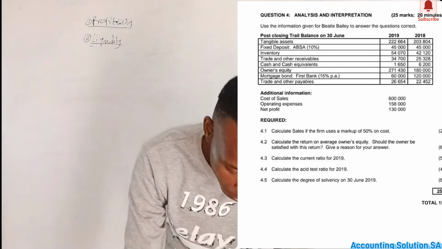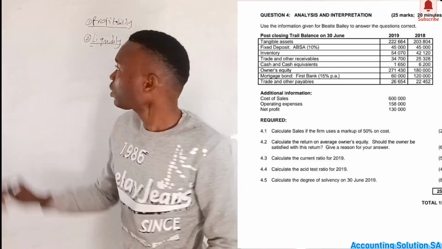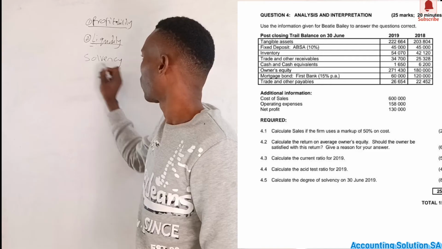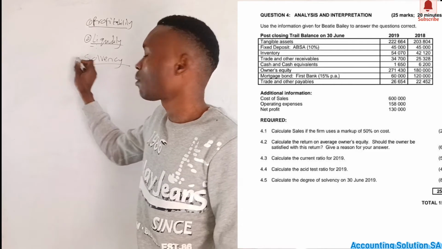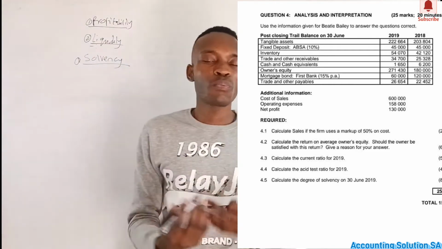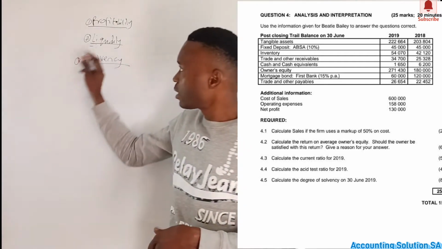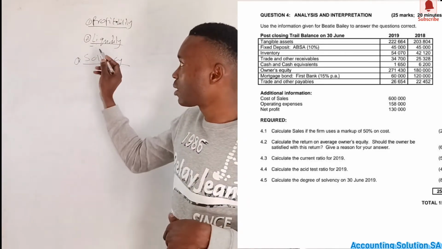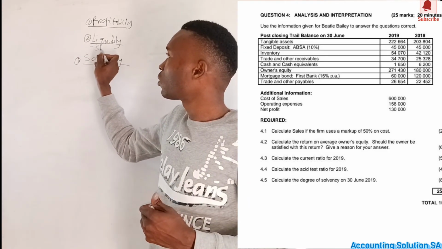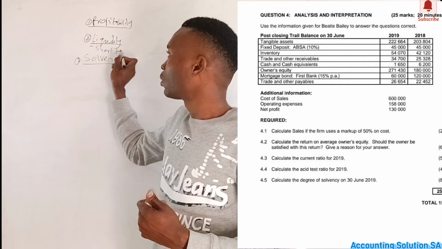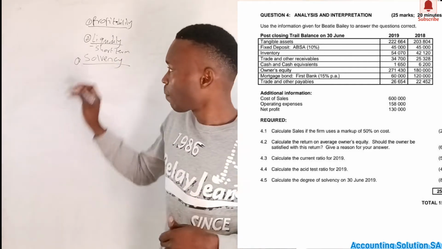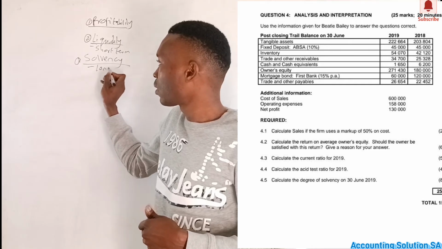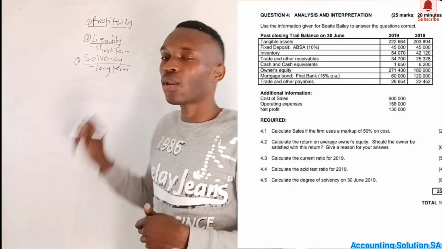All right, so the next one that we are going to is solvency. Okay, number 3 is solvency. So when we talk about solvency, it's similar to liquidity. However, what you have to know is that liquidity is all about the short term, and solvency is about the long term.